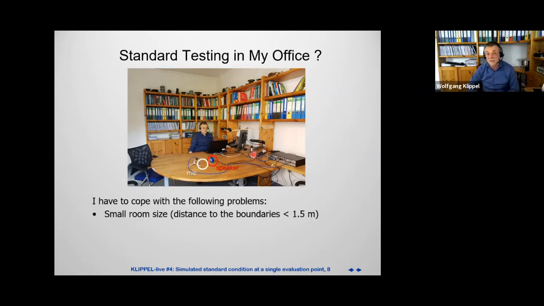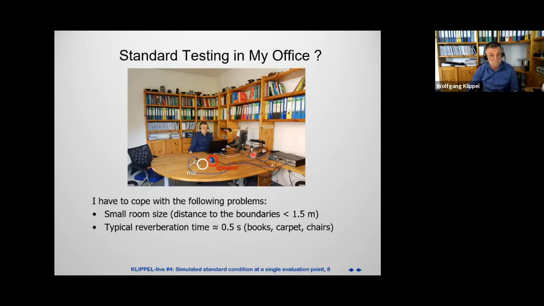My room is still not large. So that means the distance to the walls, to the ceiling is less than 1.5 meters. So I get some early reflection that limits my windowing. I have a typical reverberation time of half a second. So that is not so bad. I have enough books here and I have a carpet, some chairs, but that's it.